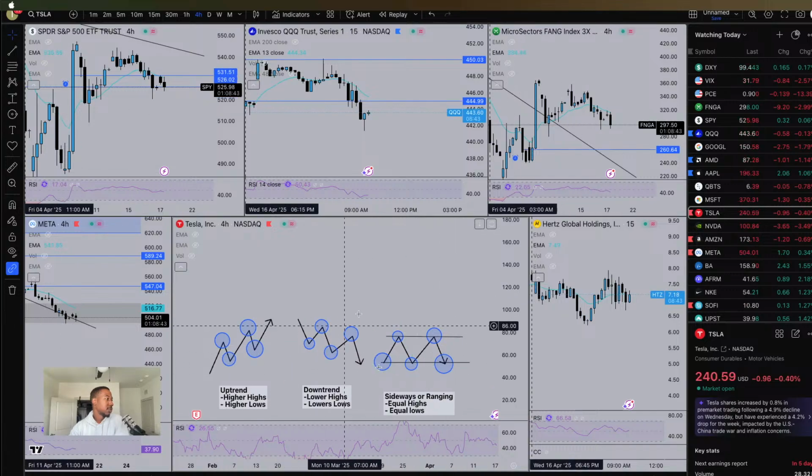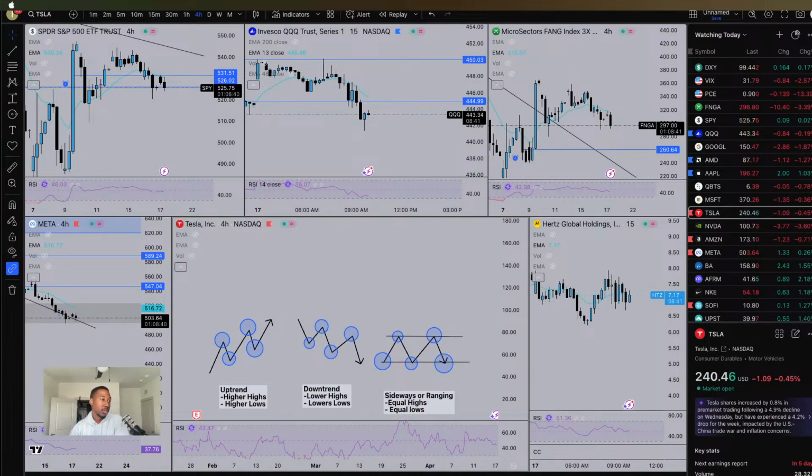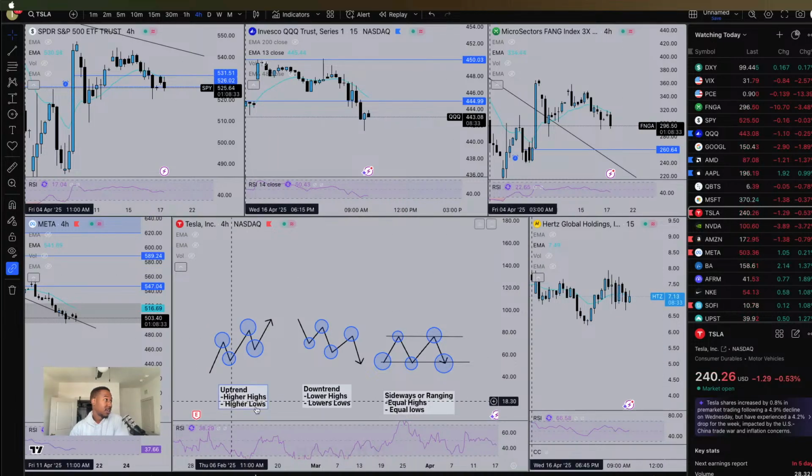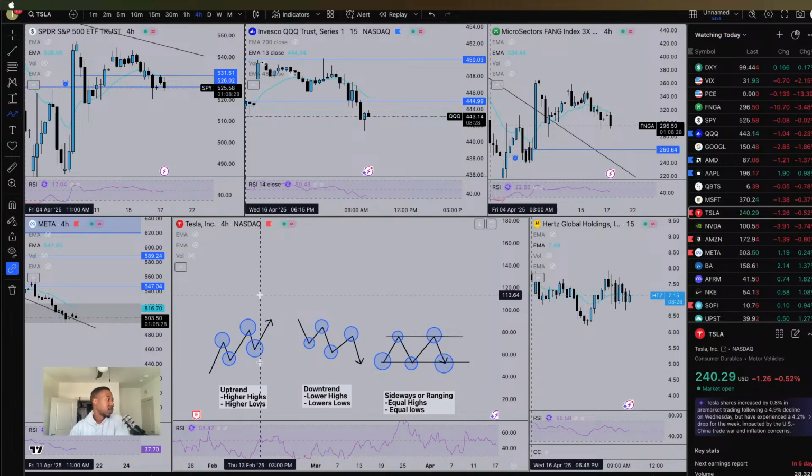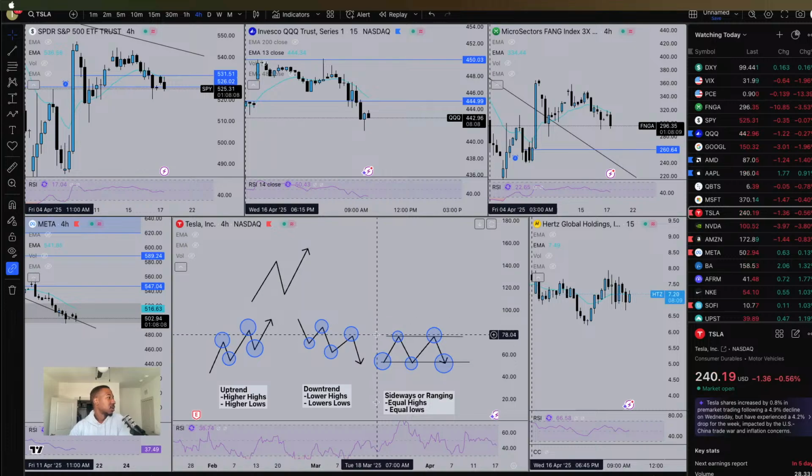Now that we see the trends up here, we're going to look at an uptrend again. We start right here, and let's say we go up here and then pull back here, and we pull back here and that makes a new high.